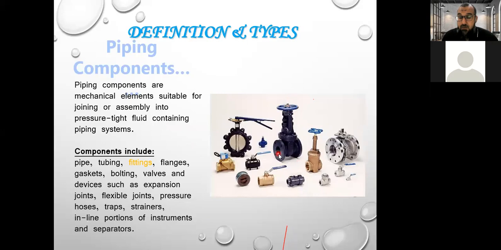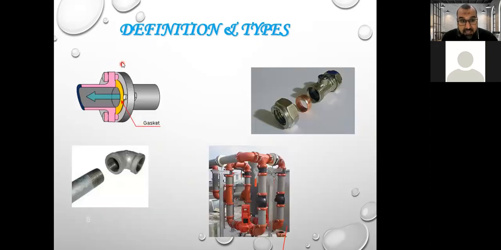And as I told you, the valve is to open or close the flow. If the valve is open, the flow will pass from here and will exit from the other side. But how do you connect this valve to the pipe? Through a flange. And what is the shape of a flange? This is the flange.